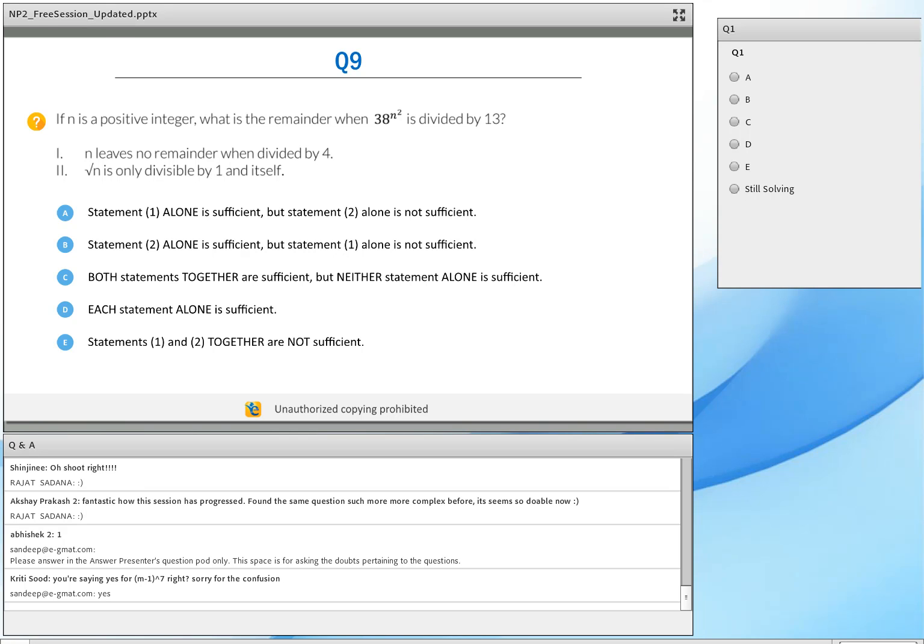Let me end the poll. So I'm going to broadcast the results. I still see a lot of people. We don't have a clear winner here.